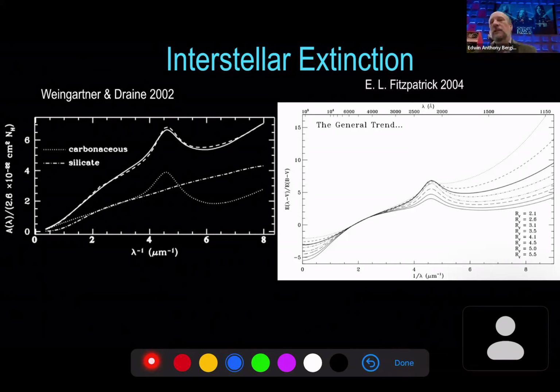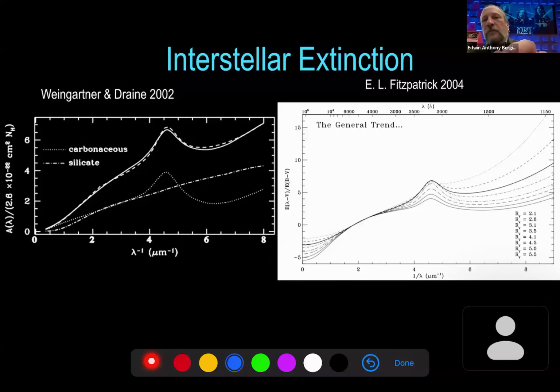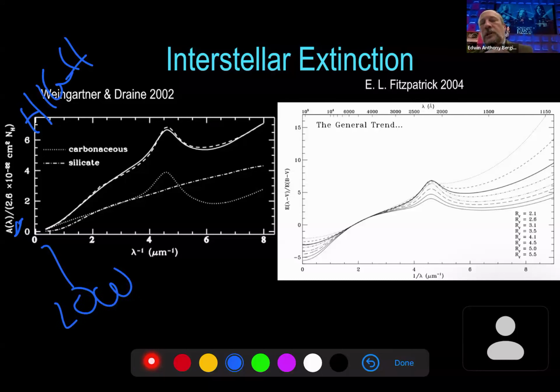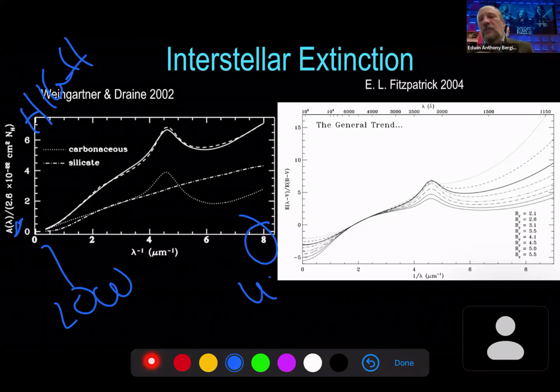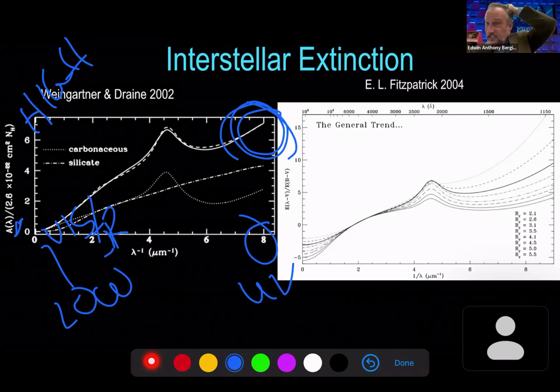And this is showing you a measure of that absorption. This is high absorption, and this is low absorption, and this is UV, and this is headed to the visible and infrared part of the spectrum. You can see that in the galaxy, this is what's called an extinction curve.